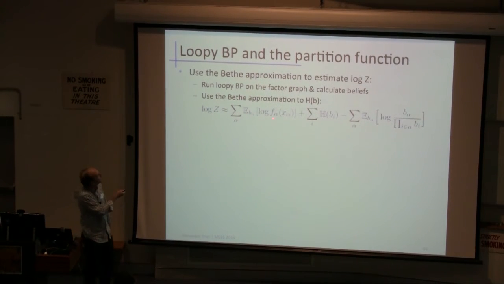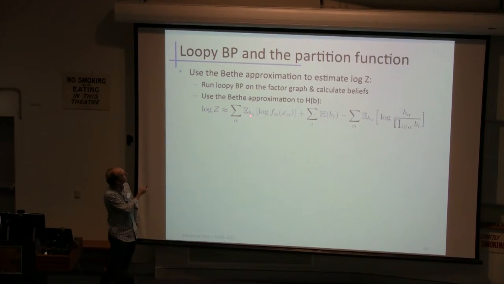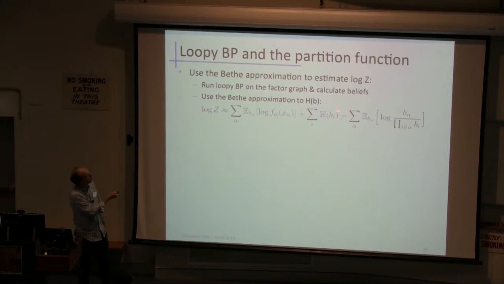So if we have these beliefs, it's easy for us to compute the expected value of each log factor, and then we can add on this approximate entropy term: the entropy of the individual variables minus these mutual information terms.